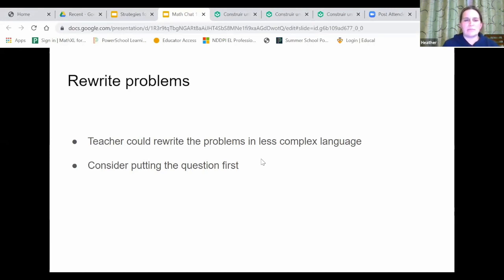Once the passage gets wordier, they will say, I'm going to ask you, and then they'll state the question, and then they'll read all of the stuff, and then the question will come again at the end. So I've never actually done that with a word problem, but I wonder if that would help a wordier word problem if you put the question first, so they would know what to focus on.